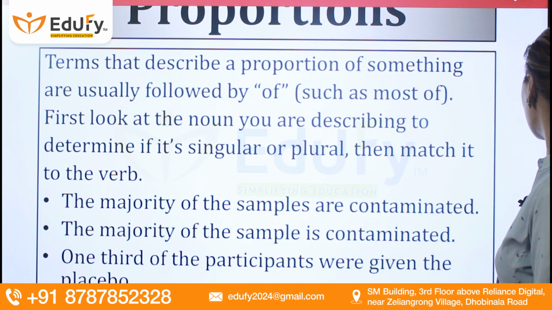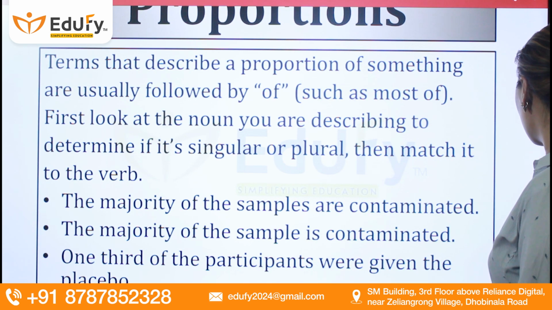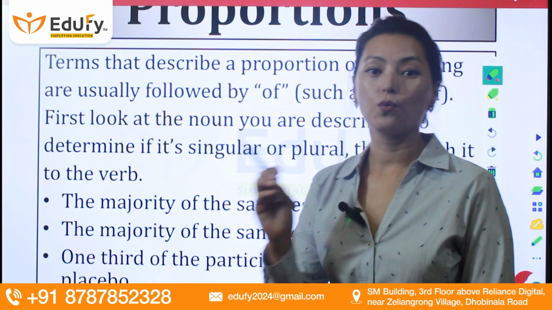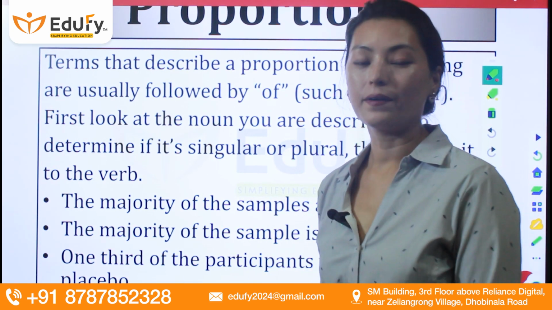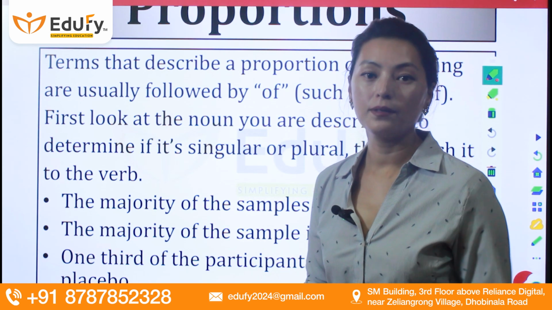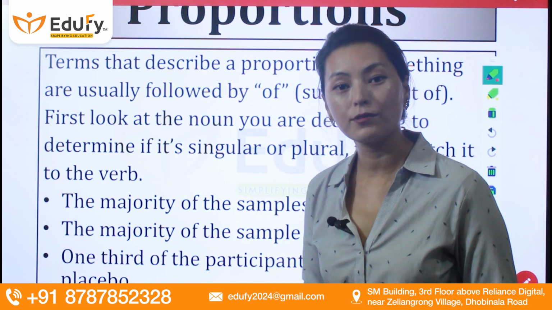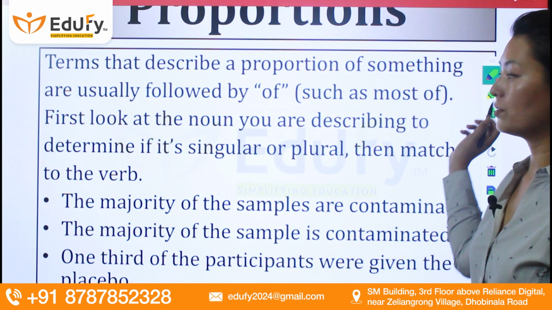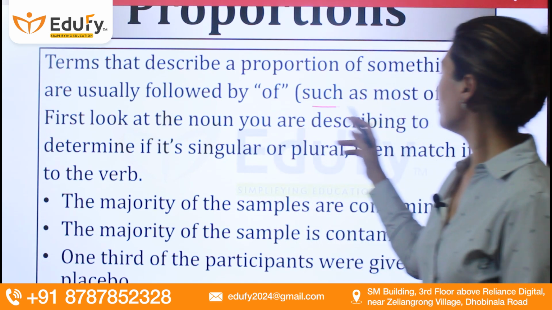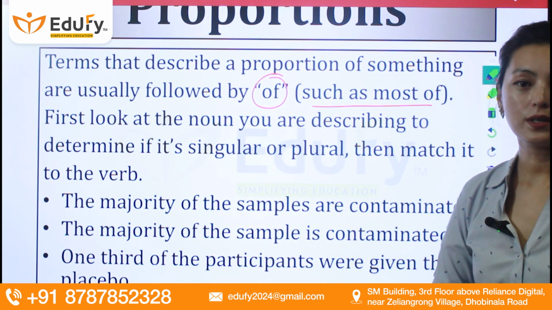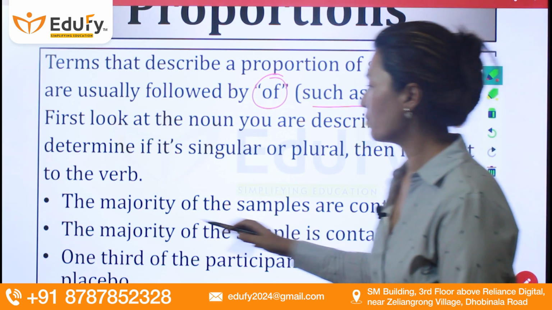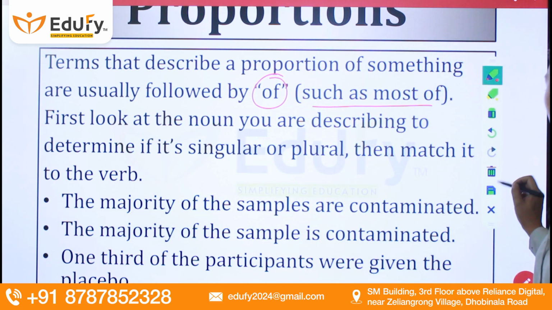So when we look at words that are defining proportions, we use words like most of, some of, one of, right? One of the people or one of the citizens, some of the citizens, or most of the citizens. So when we use these words, it is basically understood as what? Proportions.